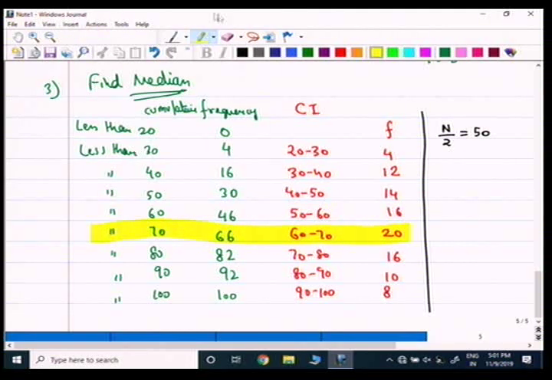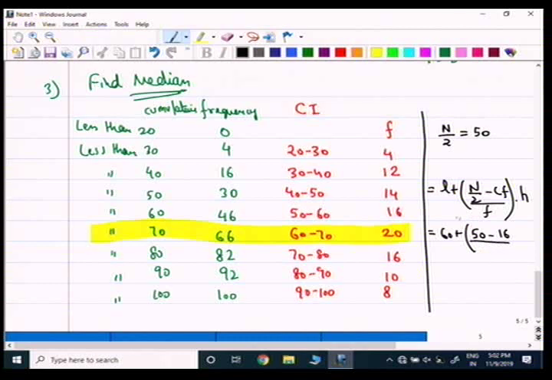Now just put the values in the formula: L plus n by 2 minus Cf upon f, into h. The lower limit is 60, n by 2 is 50, Cf, the cumulative frequency just above the median class, is 16, and the frequency for this class is 20.